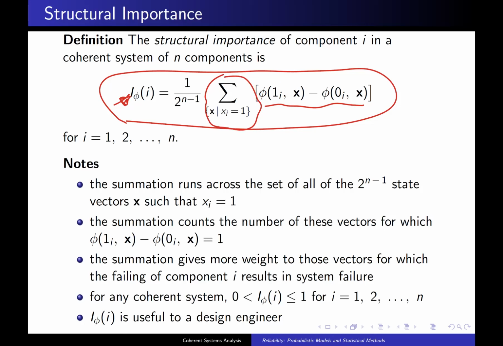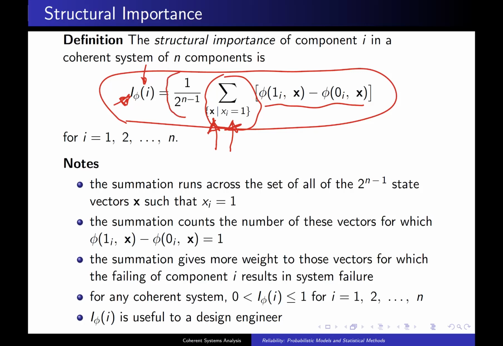The reason it's unusual is rather than going across an index, for example, most summations go from i equals 1 to n, this is a summation across vectors. And what this says is it's a sum over all of the vectors x such that the ith component takes on a value of 1. And where does that i come from? That i comes from the index right here.